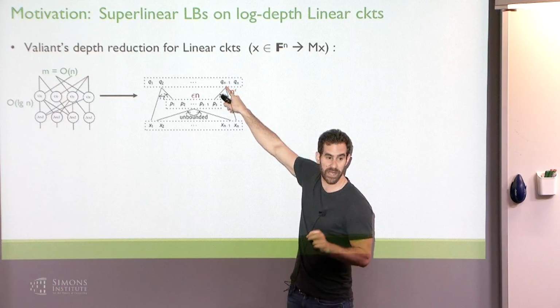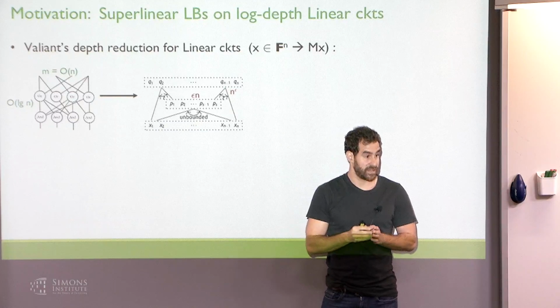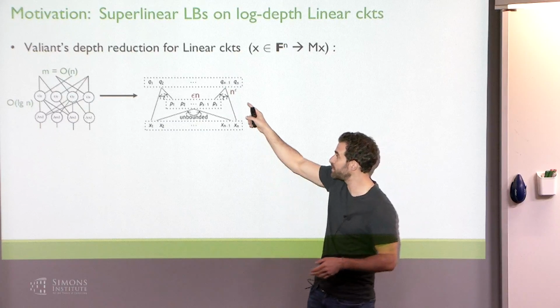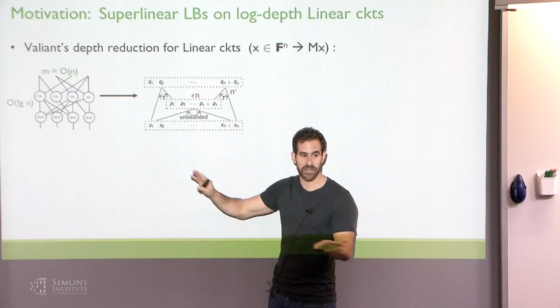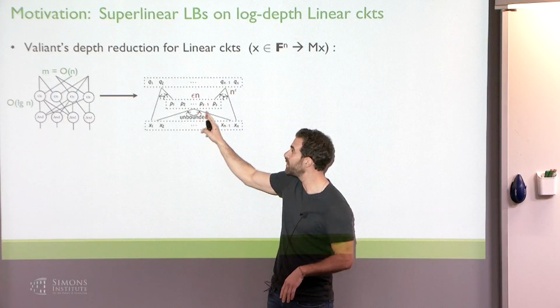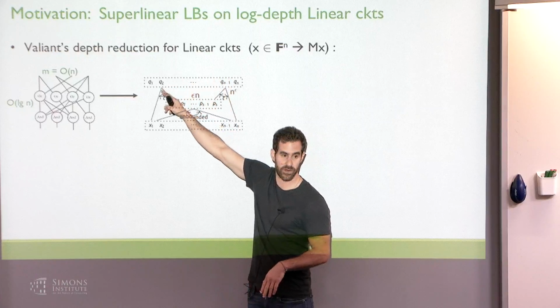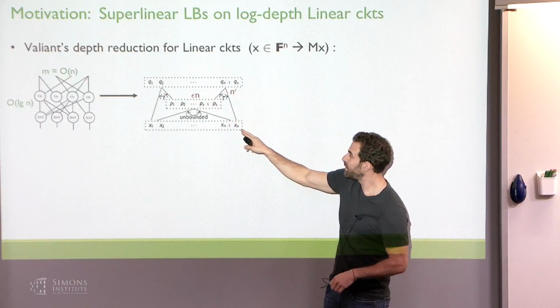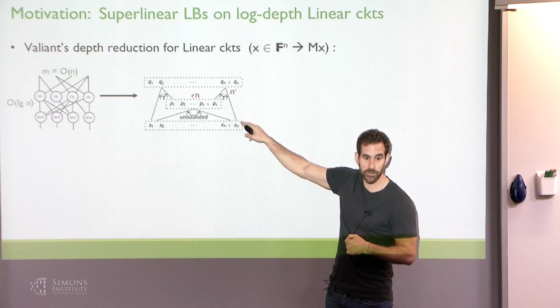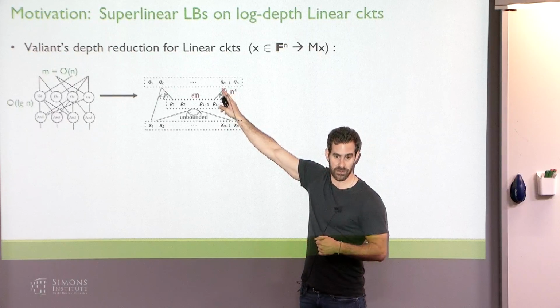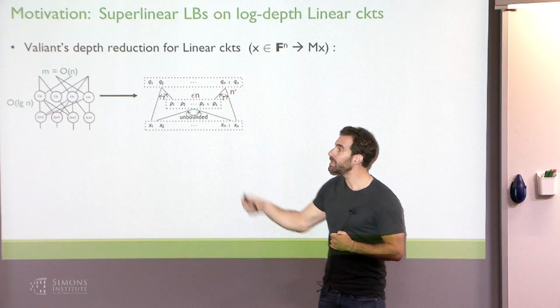Each query needs to be answered as a function of two objects. One is those n over 1,000 common bits, which are completely arbitrary functions of the inputs and can be viewed by any one of the queries, plus a very small set of n to the 0.1 inputs, which are hardwired to the query. Makes sense?